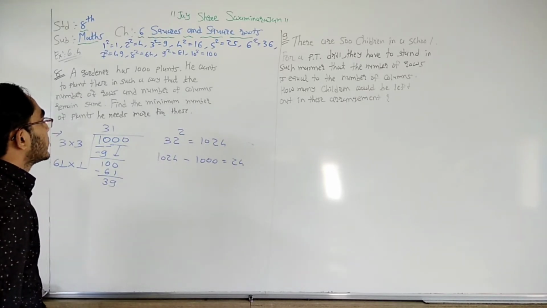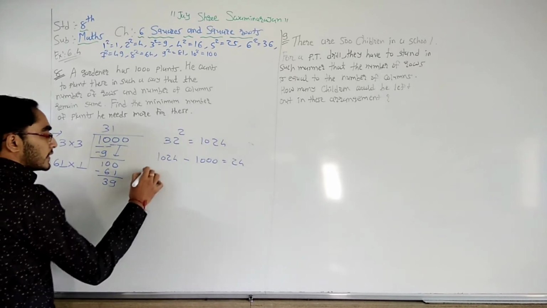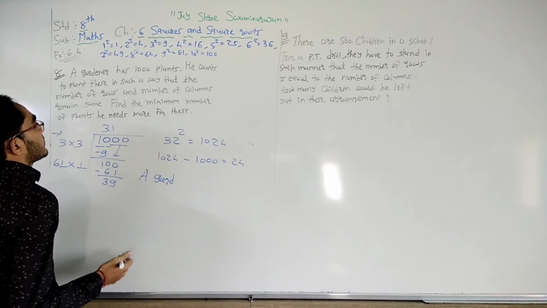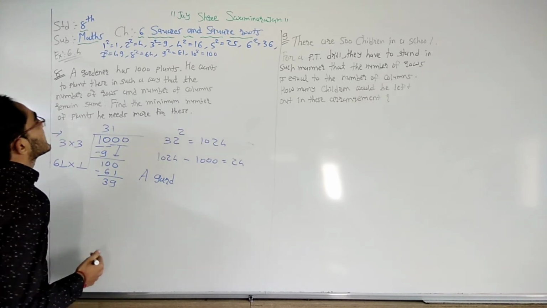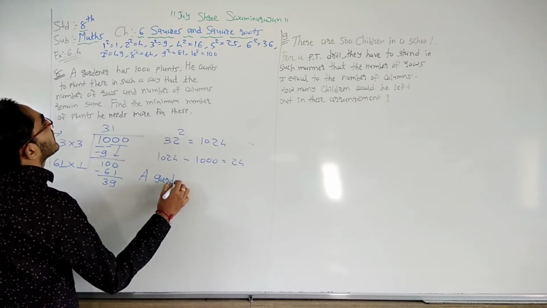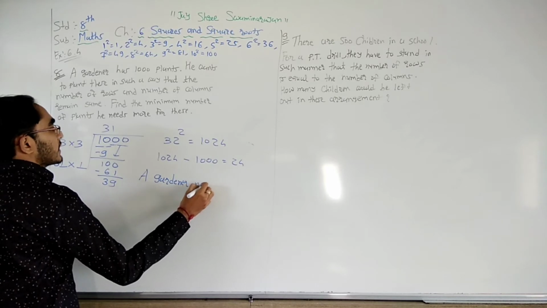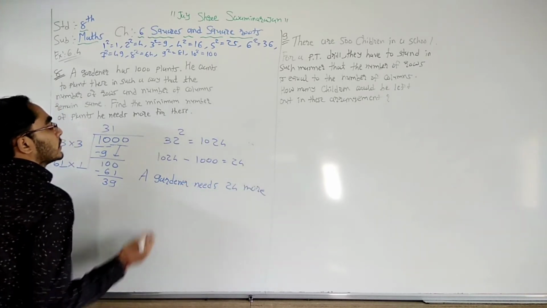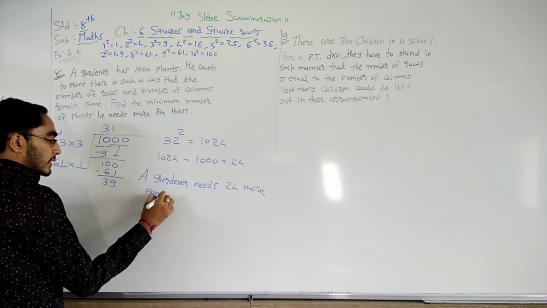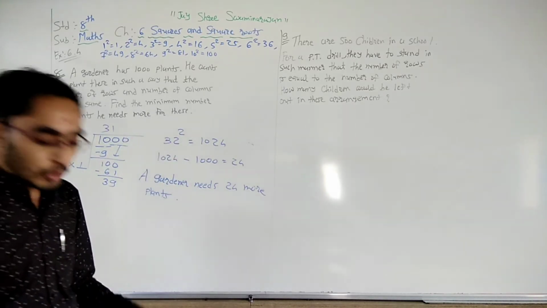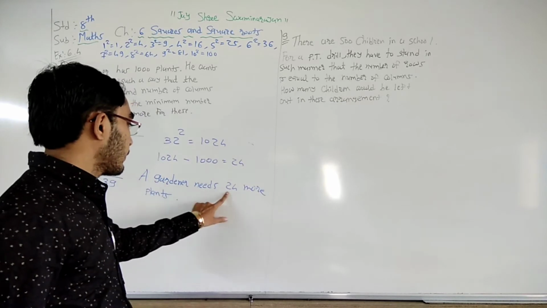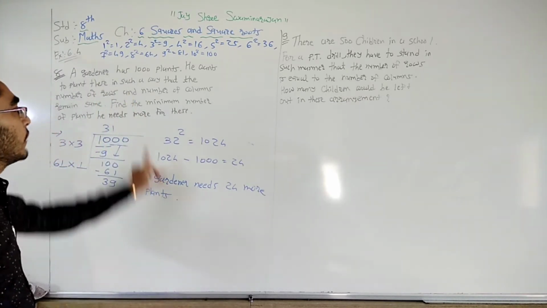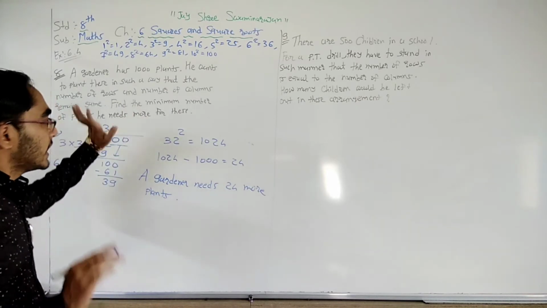So the gardener needs 24 more plants. Here our question is over, because we need to find how many more plants he needs.